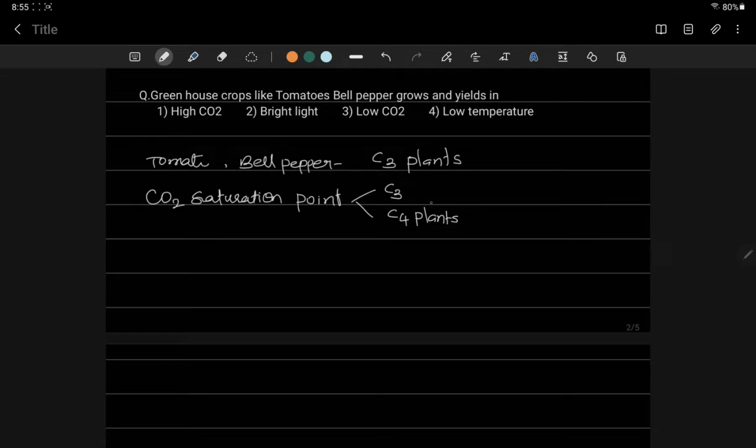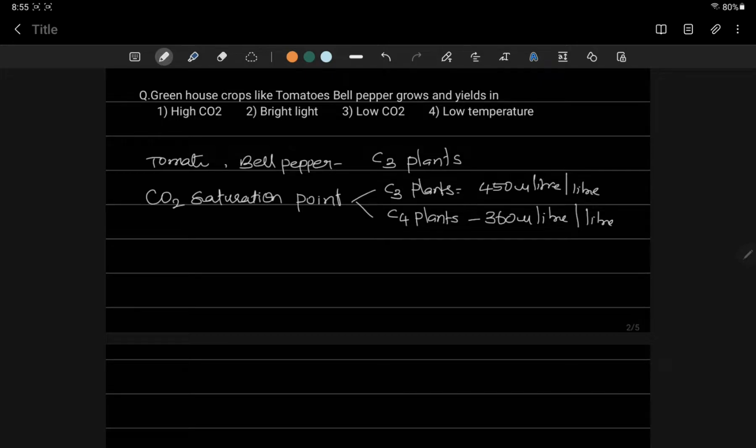If you see the C3 plants, CO2 saturation point is 450 microliters per liter, whereas for the C4 plants, it is 360 microliters per liter.